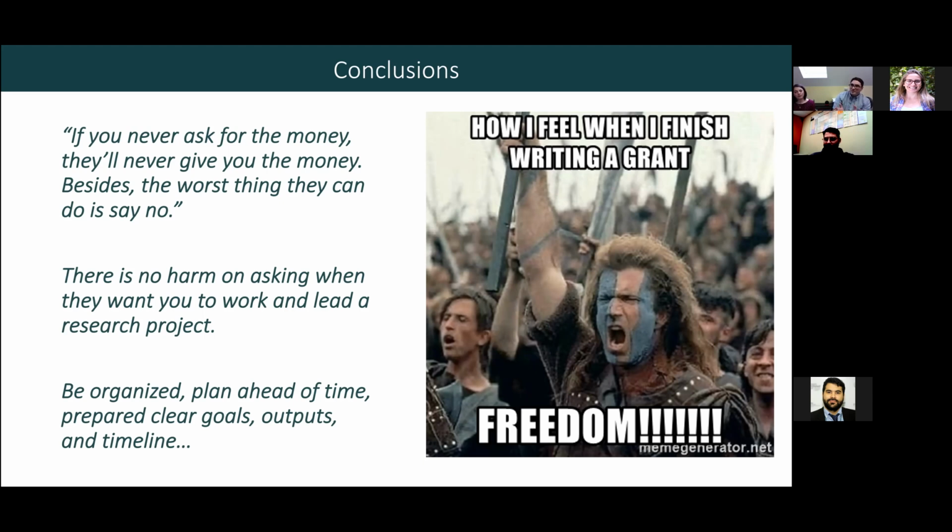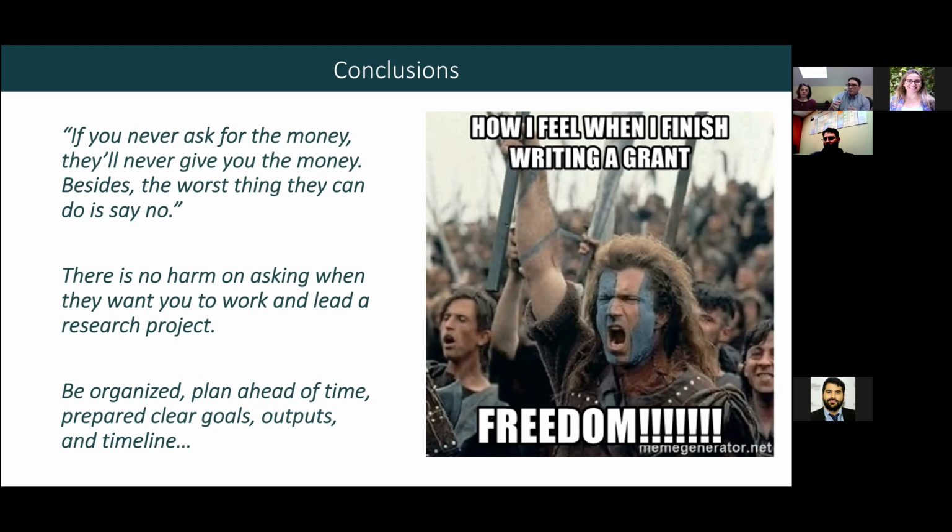But be very careful about what you propose, because as with everything, you build a reputation. If you say, I want to get the funds, and you overcommit or overpromise, knowing already that it will be hard to deliver, then when you submit the reports and they look at the outputs that you are delivering, they will immediately see that you are not achieving those targets.